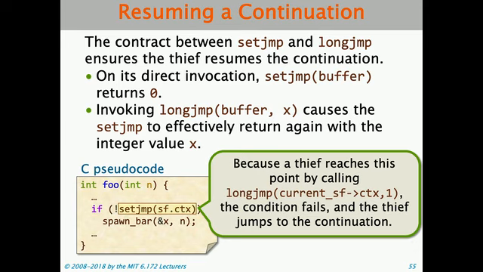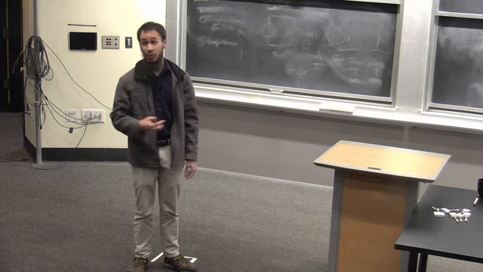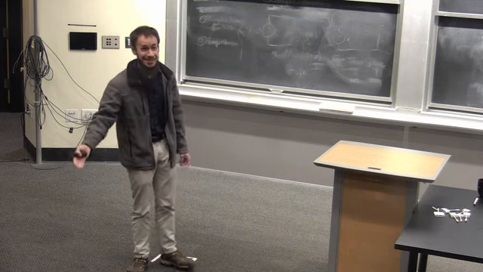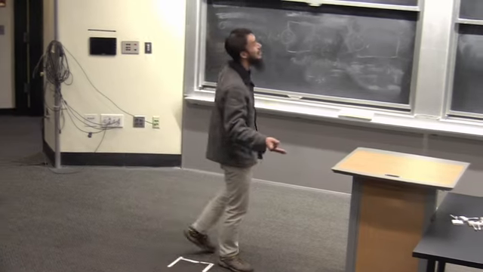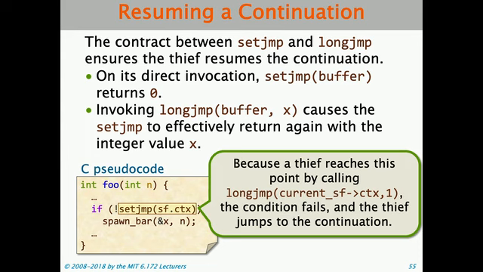So when the thief executes a long jump with the appropriate buffer, and the second argument is 1, what happens? Can anyone walk me through this? Oh, well, it's on the slide. OK. So now that set jump effectively returns the second time, but now it returns with a value 1.